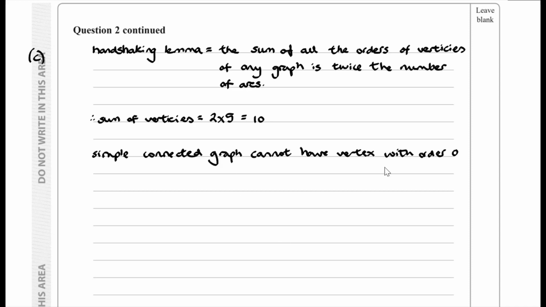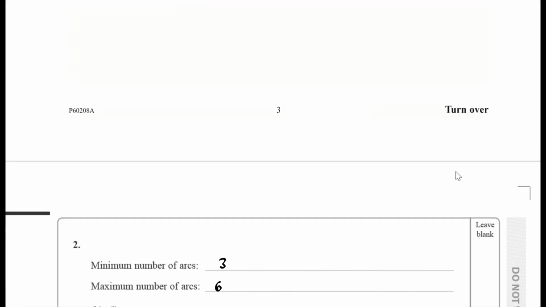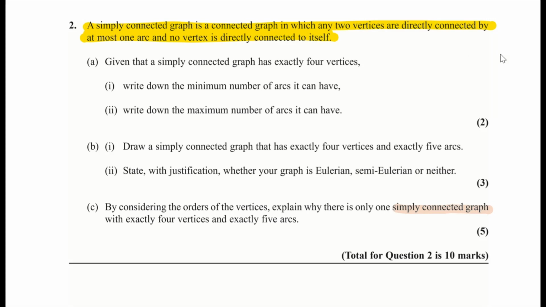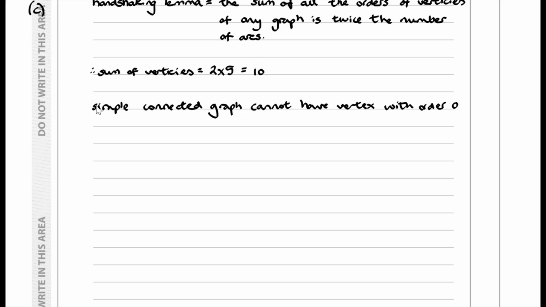So a simple connected graph cannot have a vertex with order 0, and if we go back to the definition of a simple connected graph, essentially any two vertices are directly connected by at most one arc, and no vertex is directly connected to itself. So that's why we can't have this order of 0, which I'll also highlight in this colour as well. And remember, we want the sum of the vertices to be 10.